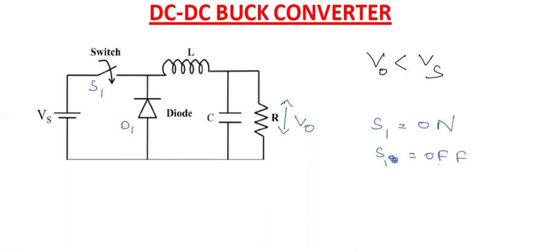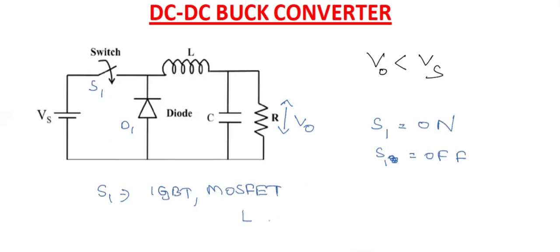That's what we are seeing. You can also see that the switch that we use can be an IGBT or it can be a MOSFET. Most of our simulations and hardware implementations we go for the MOSFET switch. There are many reasons for that, but now I'm not going into that.